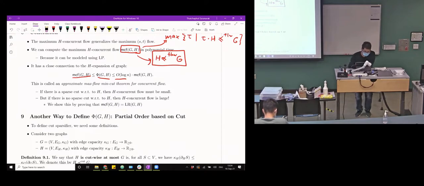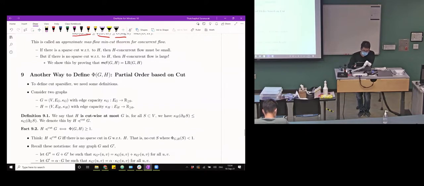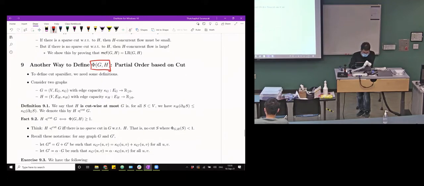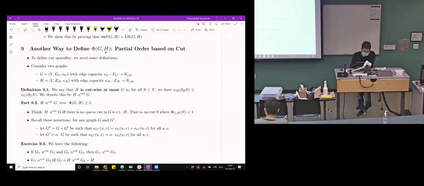Now we want to talk about another way to order graphs, and it basically has a connection to H expansion. So let me just define it.